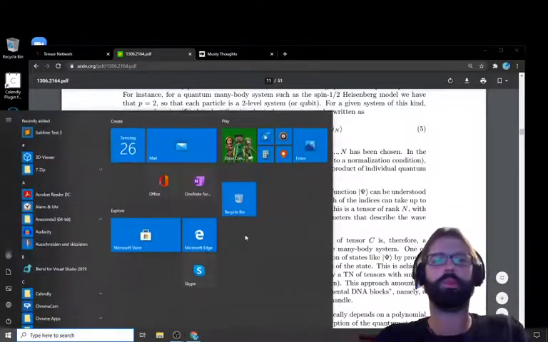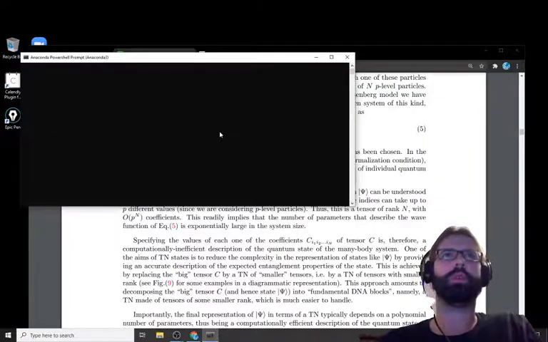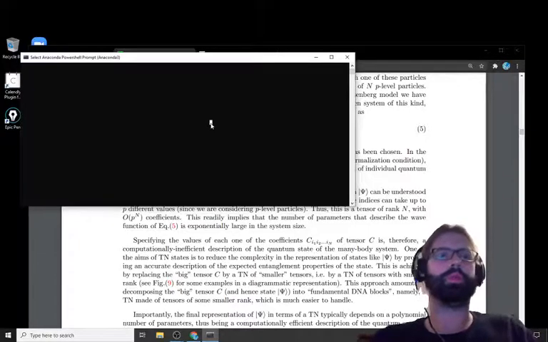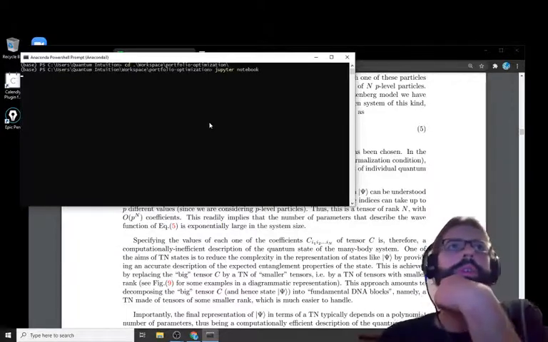let me see if I can open Anaconda. So let's go to workspace, and let's go to workflow optimization and start Jupyter, because I wanted to play a bit with the code here.